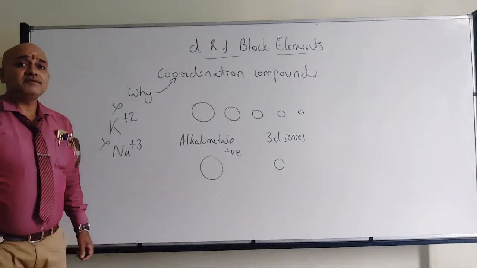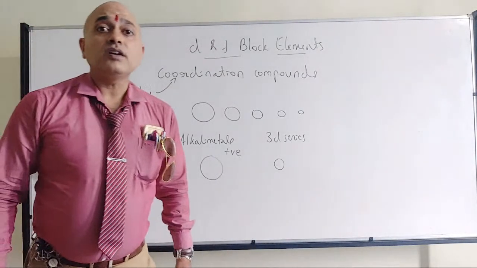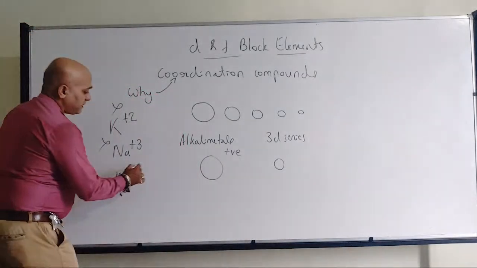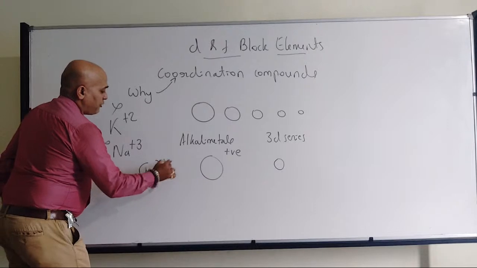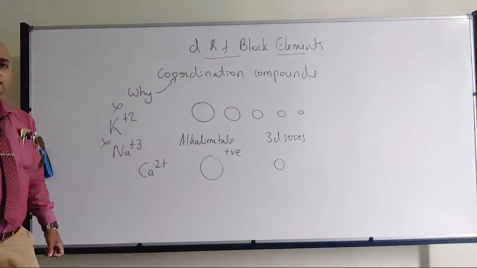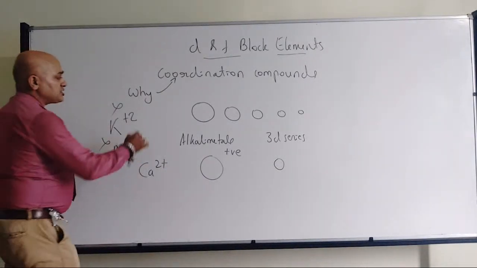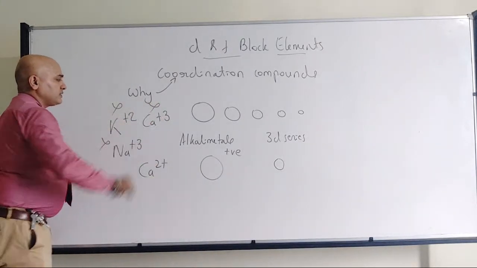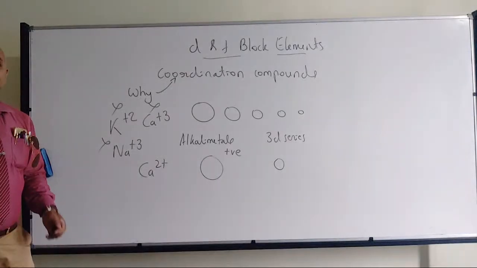Alkali metals always have a single positive charge. Alkaline earth metals have a maximum of +2 charge. We don't have calcium carrying a +3 charge. It does not exist in nature.